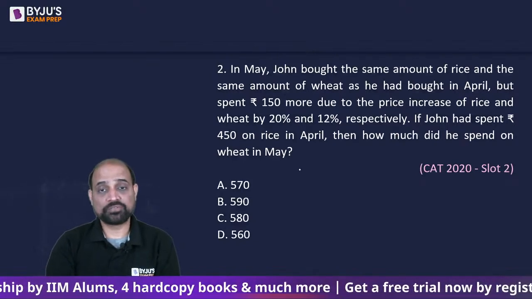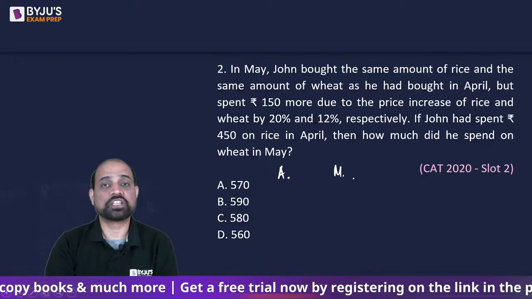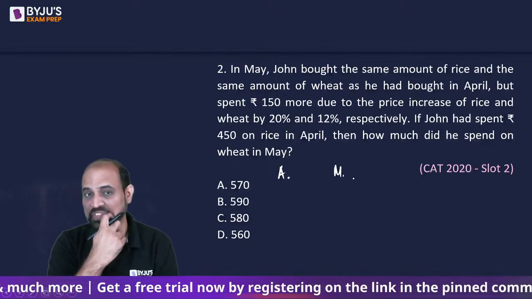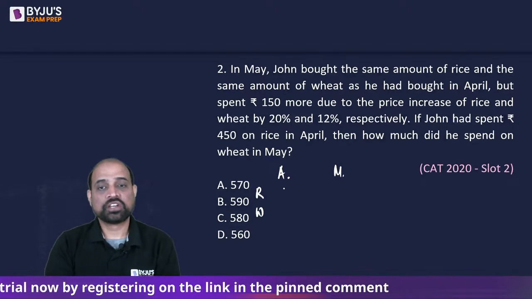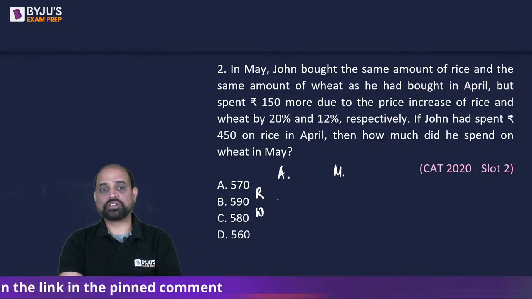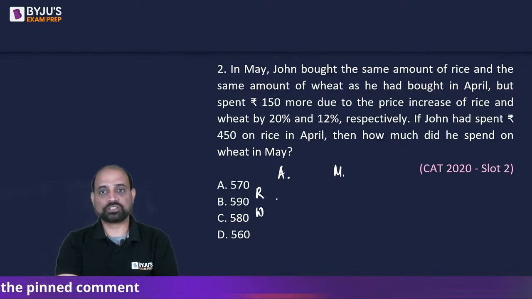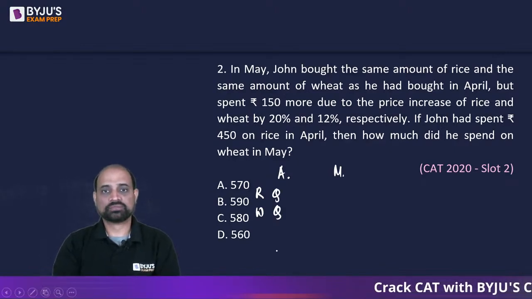So here we are dealing with 2 months. One month is April and the next month is obviously May. May comes after April. We are talking about rice and wheat. In the month of April, the total quantity that he has bought, we can take it to be any number.